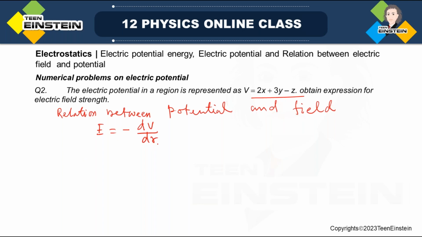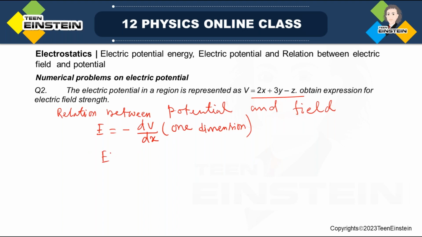See, let me just write in Cartesian, dV dx. So this is in one dimension, 1D. But suppose the potential is given in terms of 3 dimensions, then how do you do that?